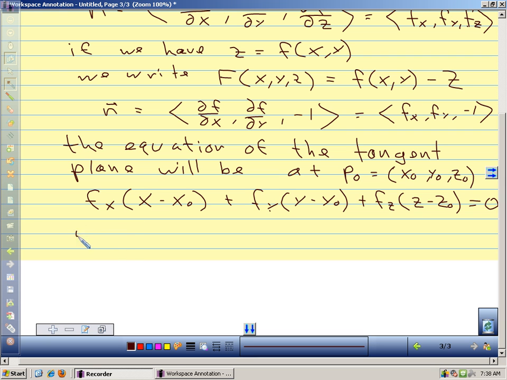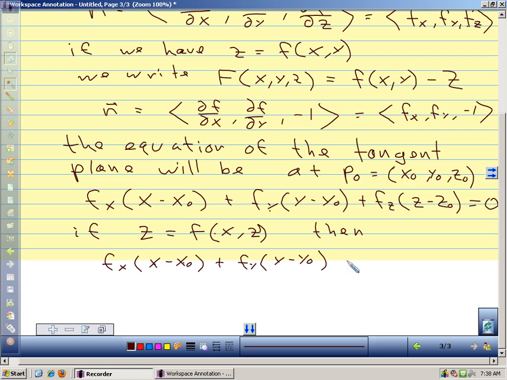And if z equals f of x, y, if we have our function expressed this way, then the equation is f sub x times x minus x0, plus f sub y times y minus y0, minus z minus z0.